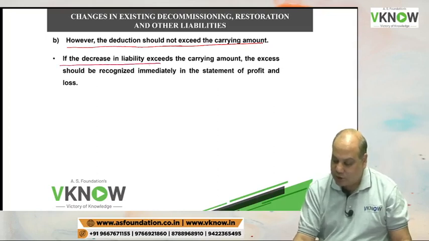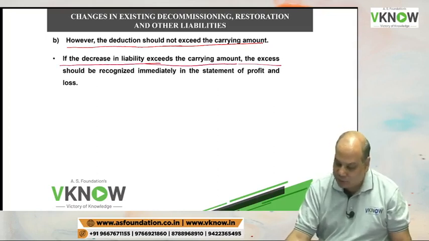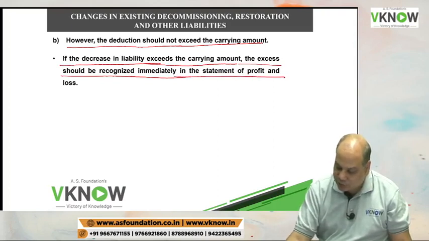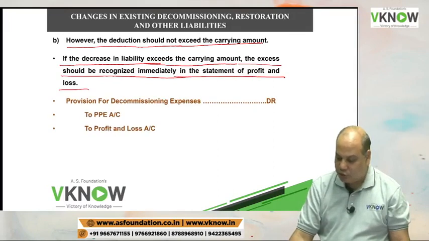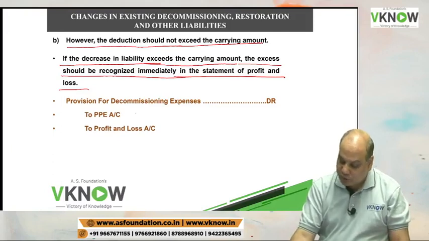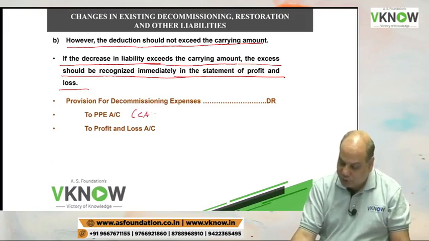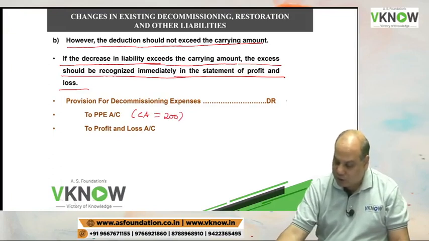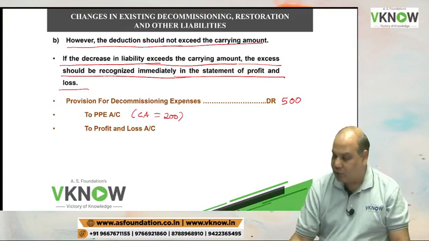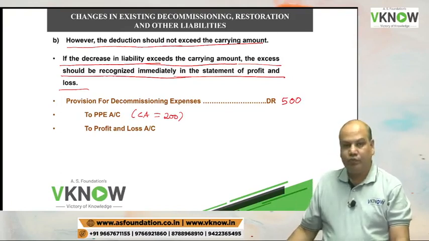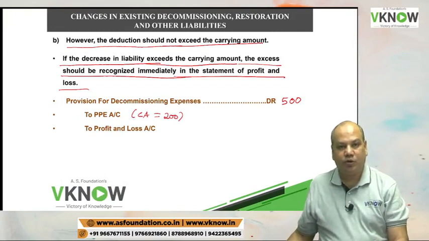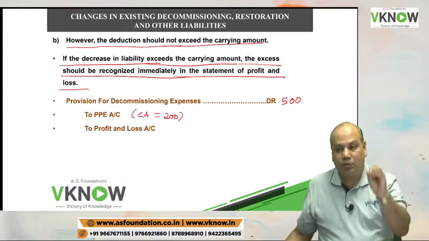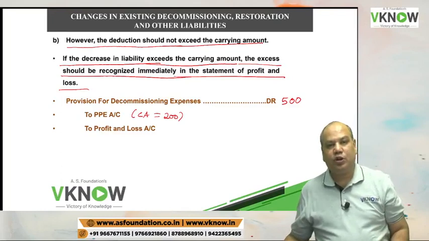If the decrease in liability exceeds the carrying amount, the excess should be recognized immediately in the profit and loss account. Suppose the carrying amount of the PPE is 200 rupees, but the decrease in the liability is 500 rupees. The decommissioning liability has reduced by 500 rupees, but the balance in the PPE account itself is 200 rupees.